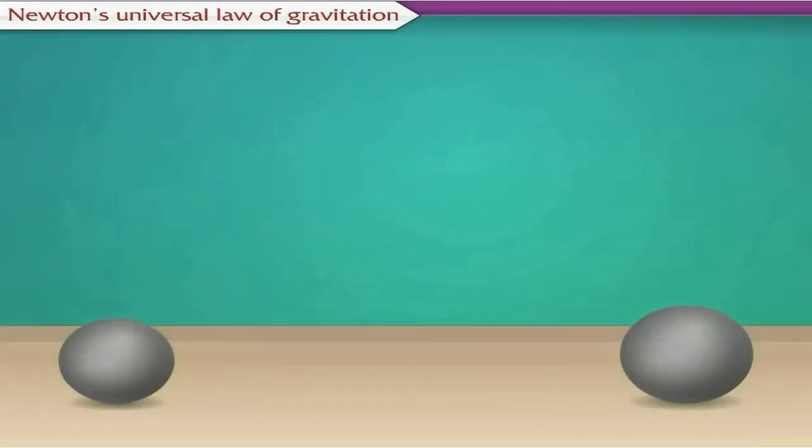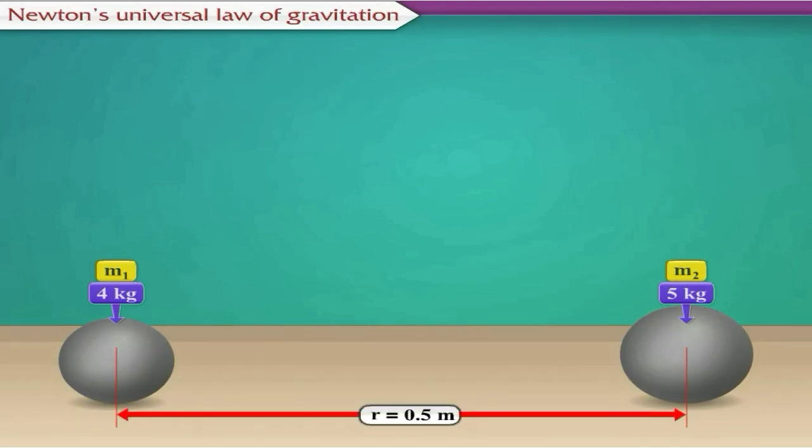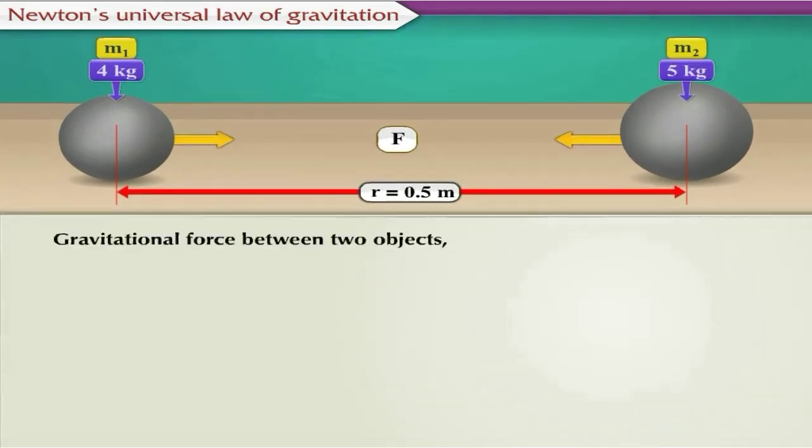Suppose the mass of one object is 4 kilograms and the other 5 kilograms. If the distance between them is 0.5 meter, then let us find out the gravitational force between these two objects. The gravitational force F is found out using the formula F is equal to G into m1 into m2 upon r square.